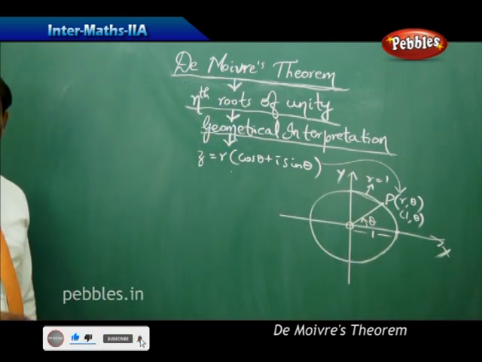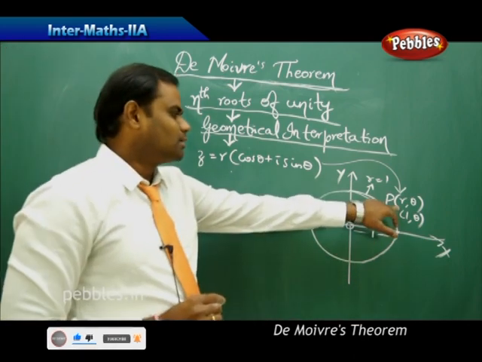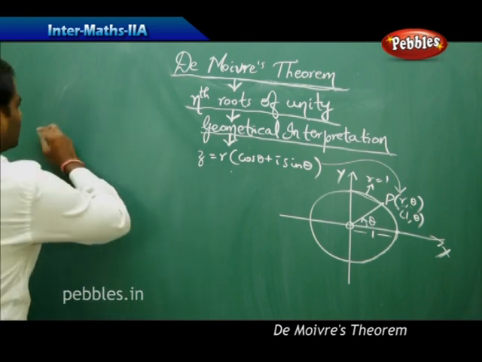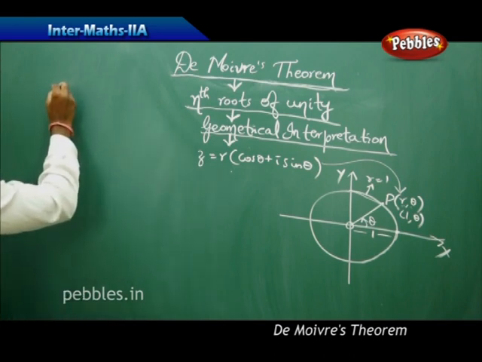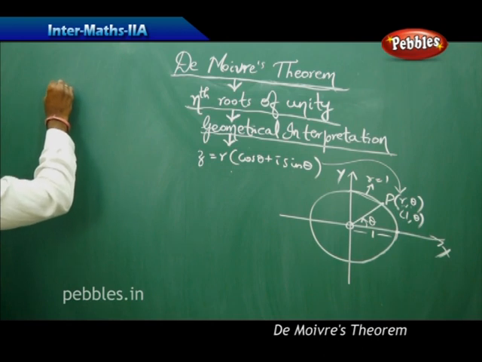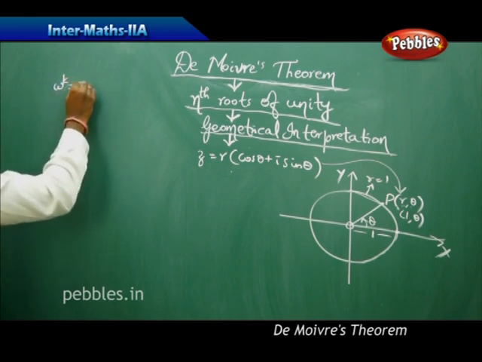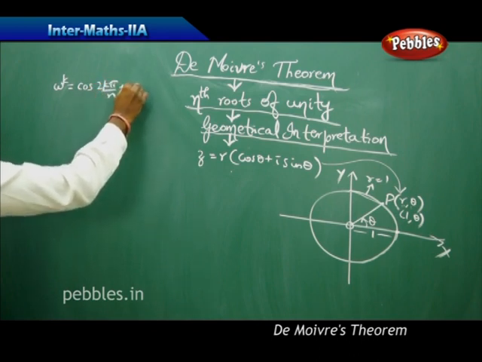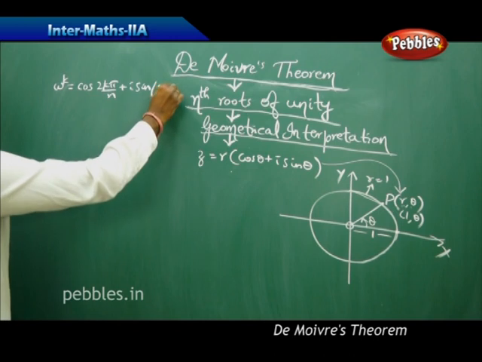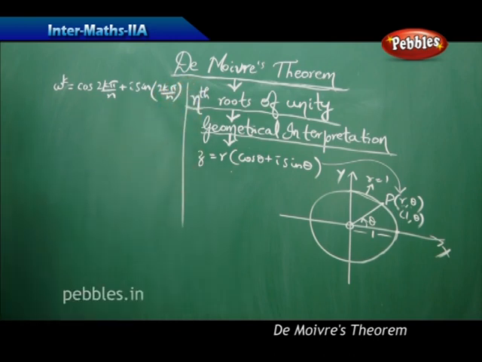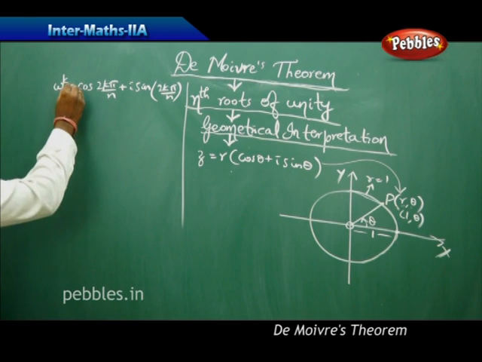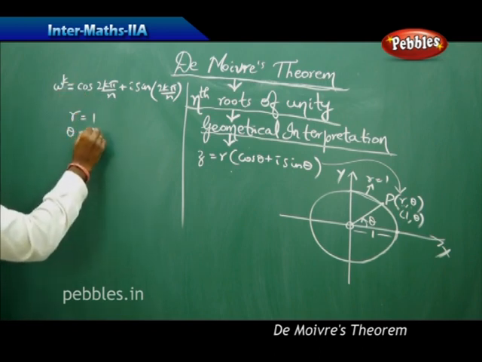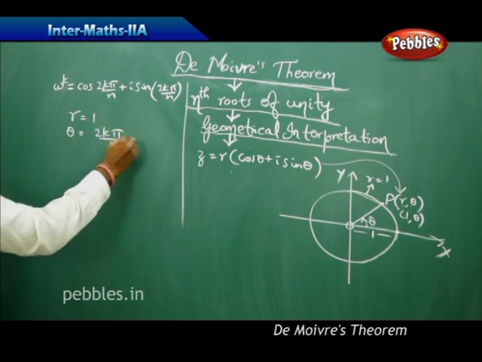So if I use this concept of the unit circle with radius 1 and every point on the unit circle denoted with the polar coordinates r theta, then my nth root of unity, which is given by cos 2k pi by n plus i sine 2k pi by n, would nothing but give me the radius is 1 and theta is 2k pi by n.